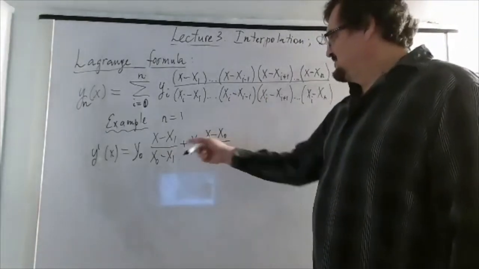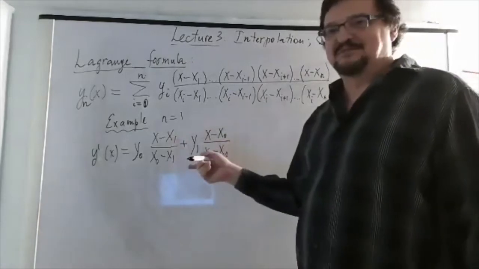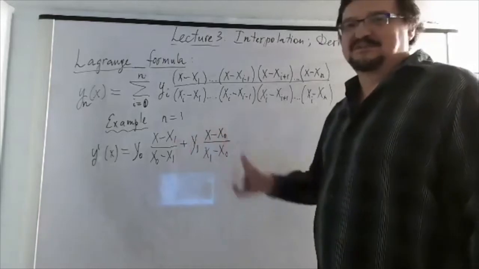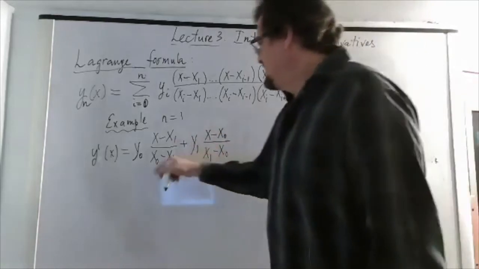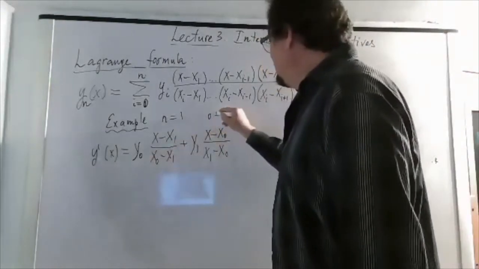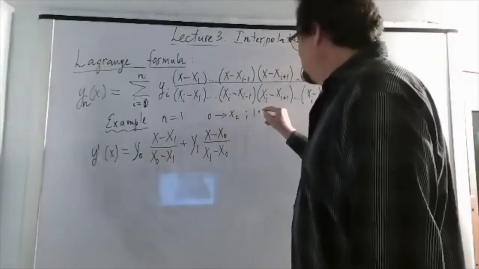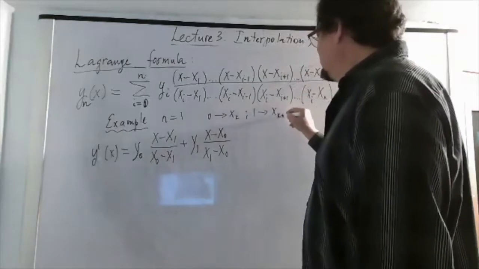It looks kind of weird, but it's actually the same interpolation formula that we got before, just written a little bit differently. So here you have 0, you replace by xk, and 1 you replace by xk plus 1, and you get the same formula.